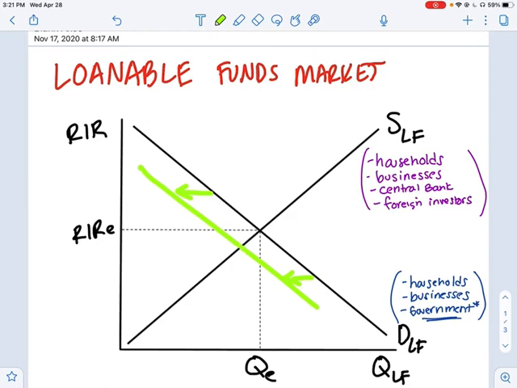This is particularly important as we get into our next unit, Unit 5. Let me just erase this. Unit 5 hinges primarily on fiscal policy, and government spending is a really big piece of that. And more often than not, the government borrows money when they are in a deficit.